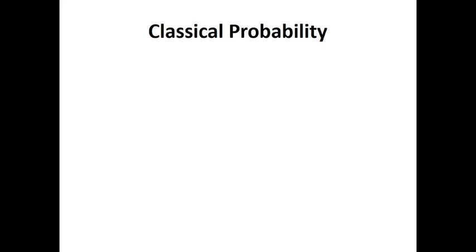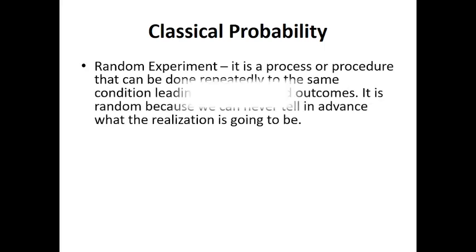So we have here classical probability. Now, before I proceed with the probability definition, let me first discuss random experiment. According to the definition, it is a process or procedure that can be done repeatedly to the same condition, leading to well-defined outcomes.